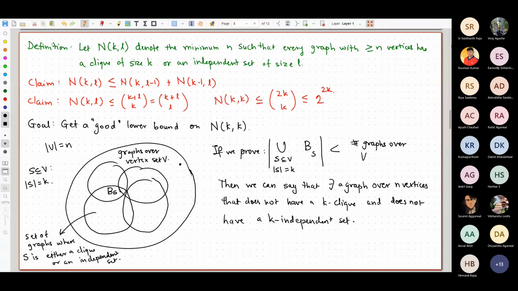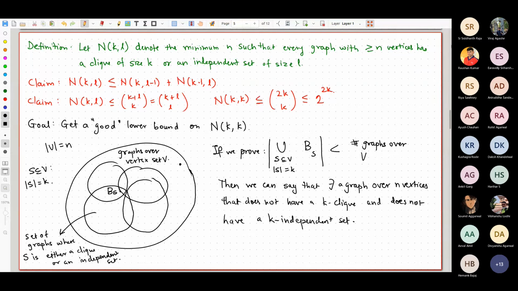You actually give a construction of such a graph, right? But if you try that for a largish k, unless n itself is less than k, you are going to land up in problems, right? It's not so easy to construct explicitly such a graph. Right, so we are taking some kind of an indirect route to prove this existential statement.